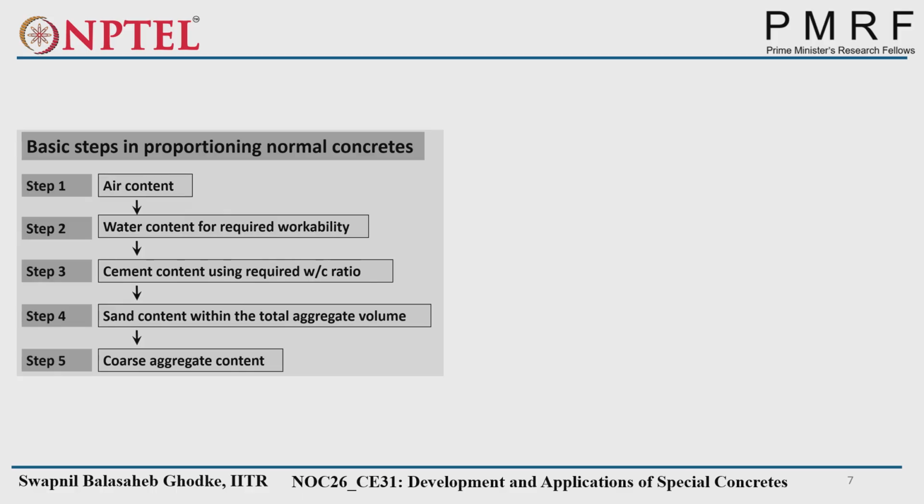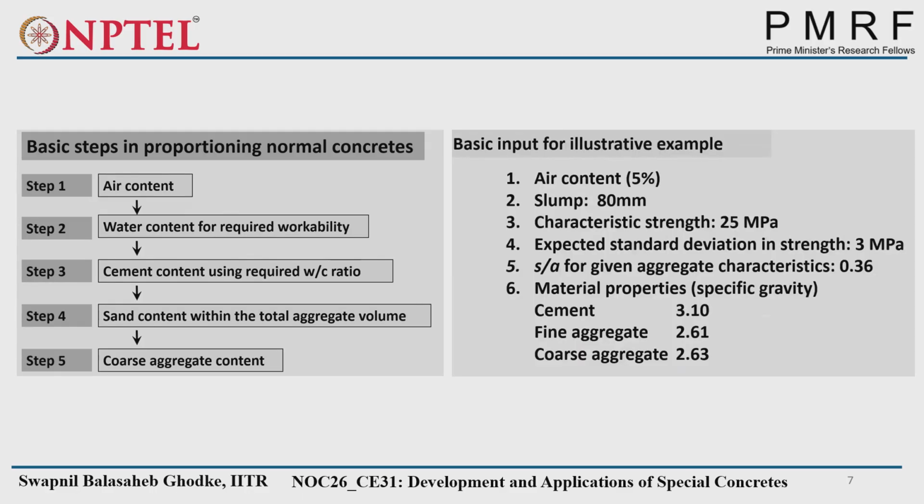Then, first of all, step one is the air content, then we calculate the water content for required workability, the cement content using the required water cement ratio, then the sand content within the total aggregate volume. Total aggregate volume contains sand plus coarse aggregate. And after that, we get the coarse aggregate.